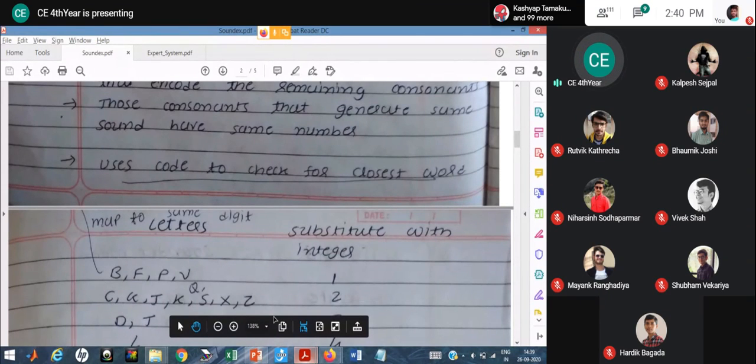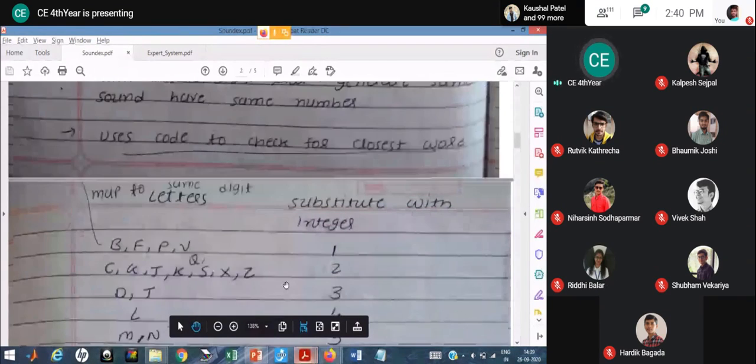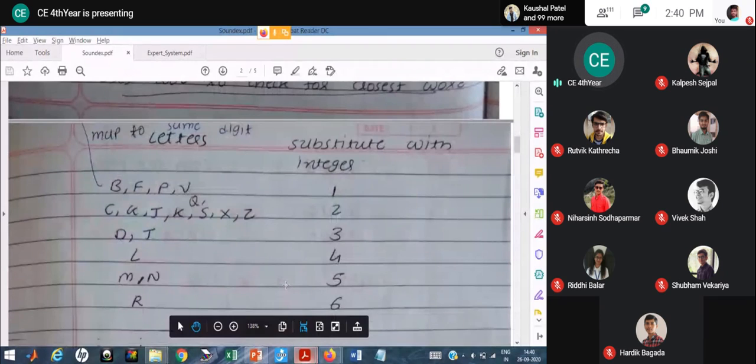Now, listen. See here in this figure, the letters are substituted with some integer. The letters are grouped together based on similar pronunciation.